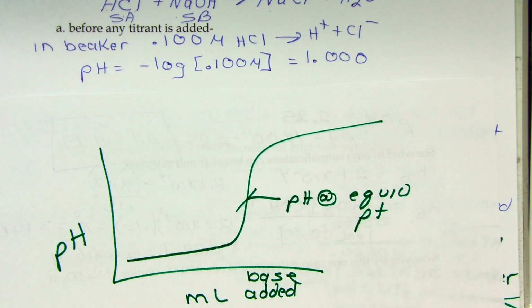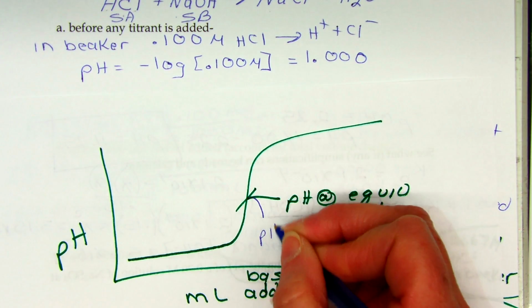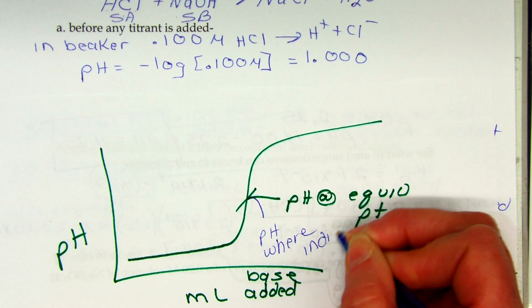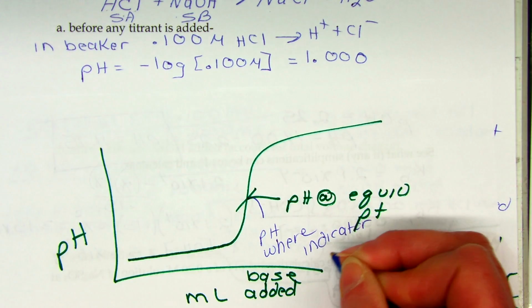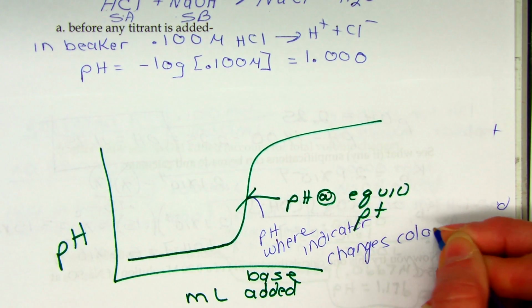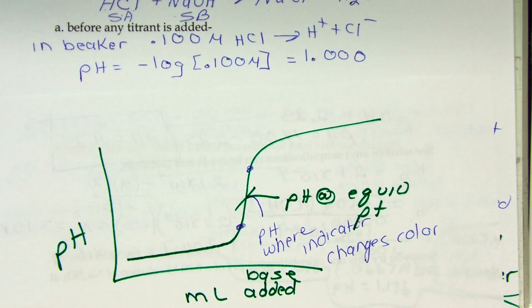And when we're looking at this, in an ideal world, this is the pH where the indicator changes color. But what happens if the indicator changes color here or here? Is that going to be a huge difference? Not really.